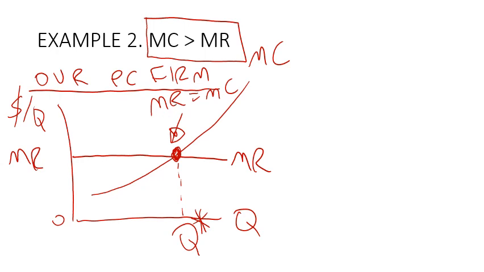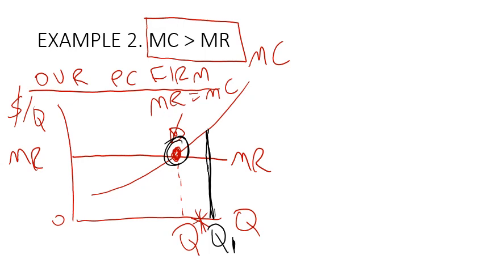Well, the firm, I guess, knows where to produce, right there. But let's assume that our firm does not produce Q asterisk. Instead, it produces this much. So let's call this Q1.